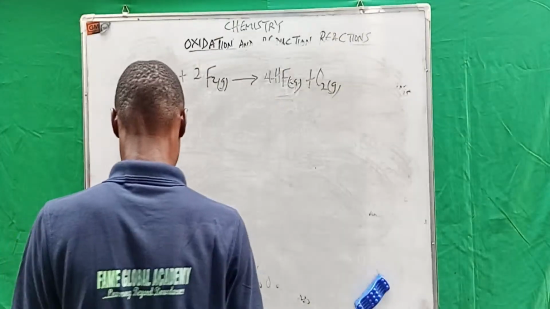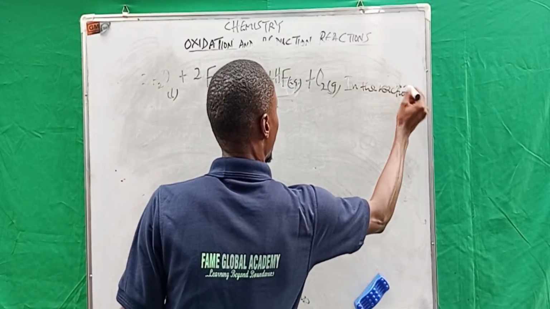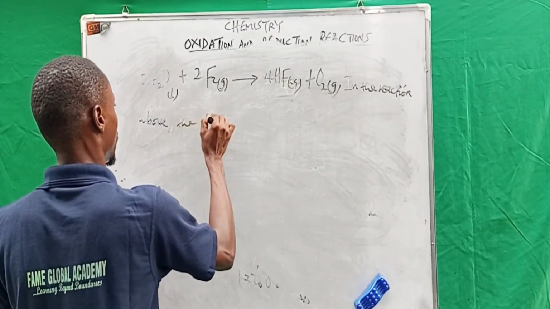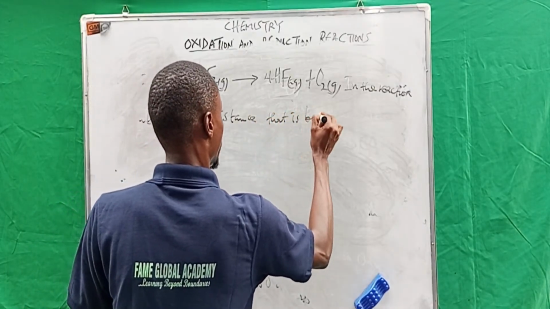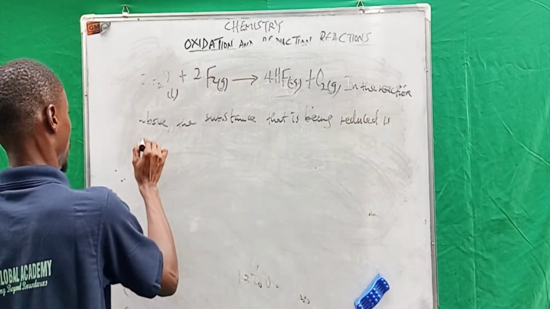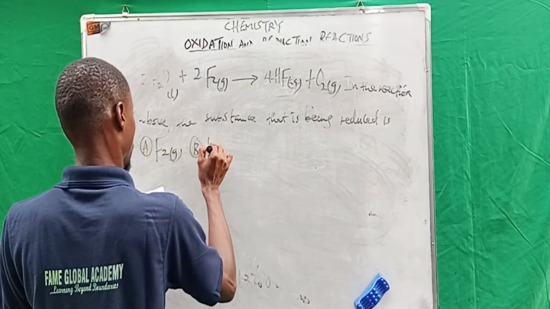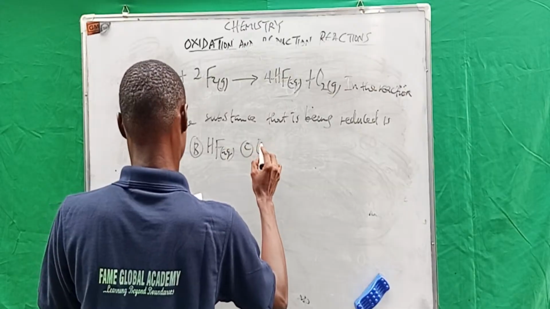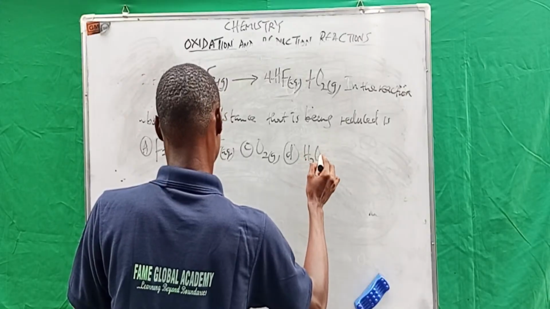In the reaction above, the substance that is being reduced is: A, F2 gas; B, HF aqueous; C, O2 gas; D, H2O.